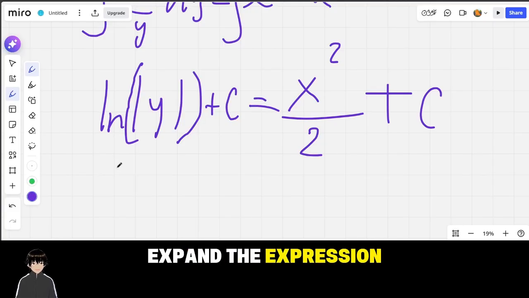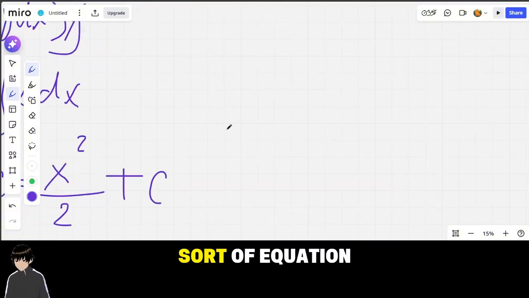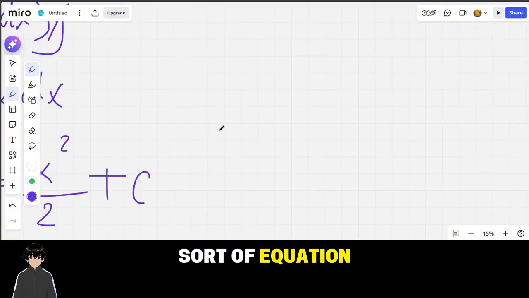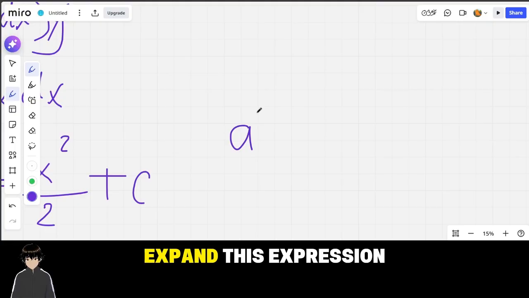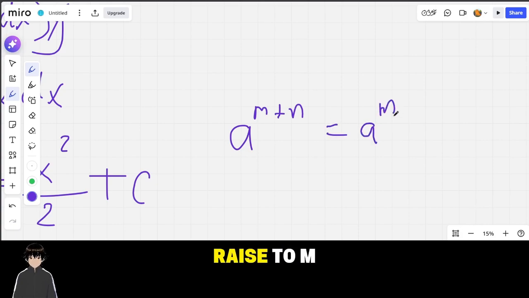Expand the expression. We have to use this sort of equation in order to expand this expression: a to the power of m plus n equals a raised to m times a raised to n.